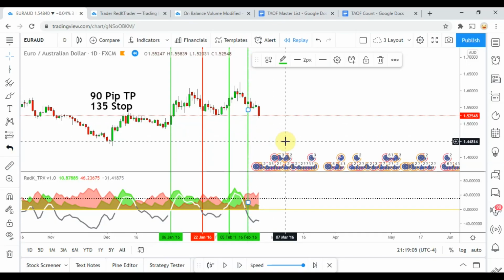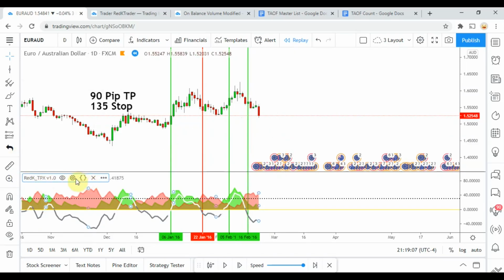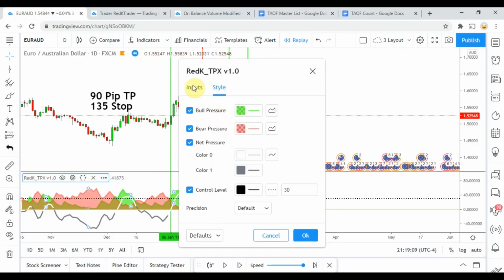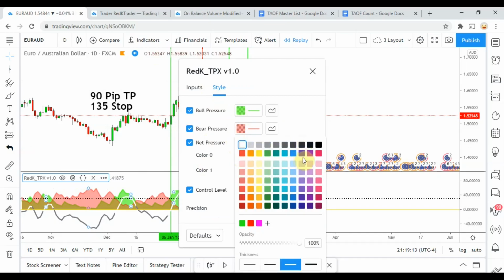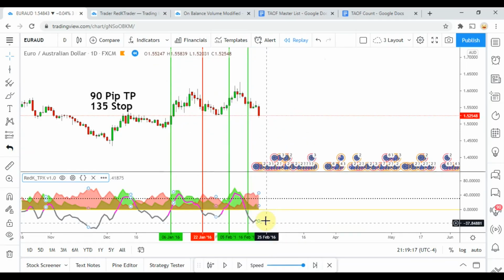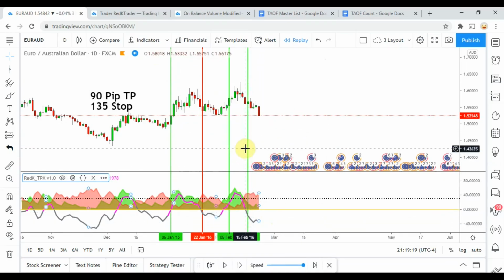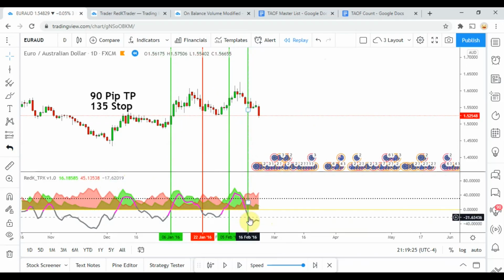Right there. Let me change the line on this here. Let me change this to purple. So I'm looking at these coordinates right here, and you can see when it's dark gray, the coordinates appear there.